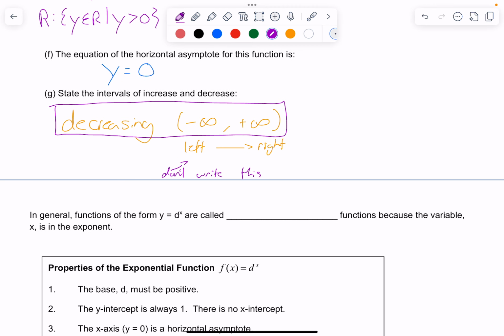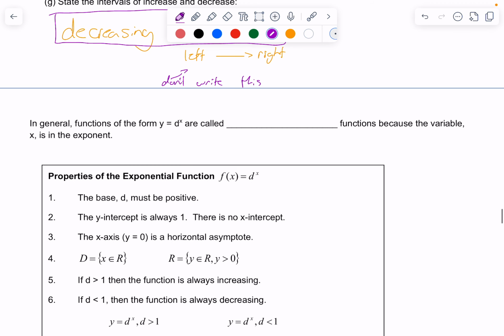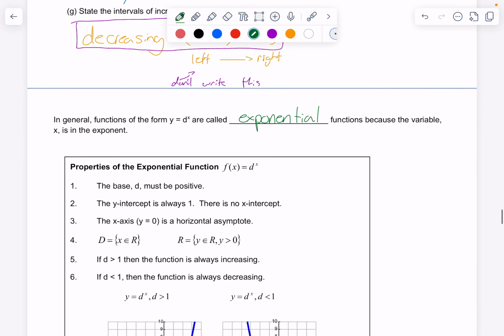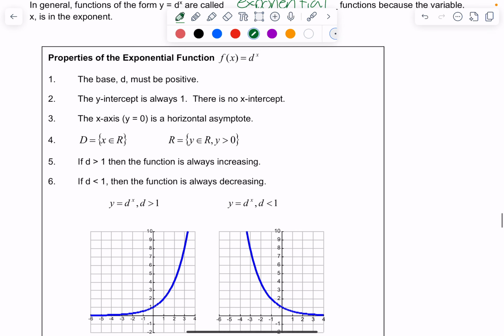So in general, functions of the form y equals d to the x are called exponential functions because the variable x is in the exponent, as I introduced in this lesson, okay? So these are the properties of the exponential function. The base must be positive, right?